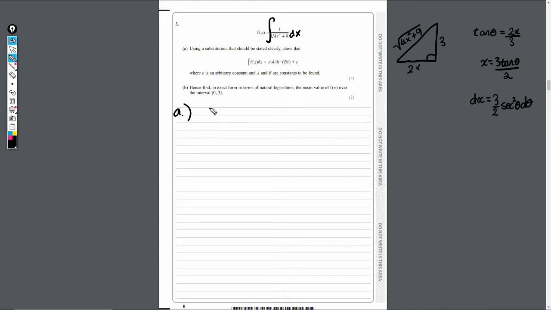So what I've got now is dx over the square root of 4 lots, squaring x now, so that's going to be 9 over 4 tan squared theta plus 9. Okay, so I kind of underestimated just what I needed there for that, so there we go. And don't forget, this is going to be with respect to theta once I put my dx in, okay?